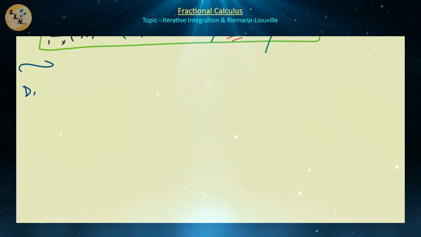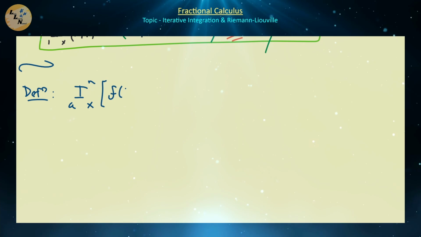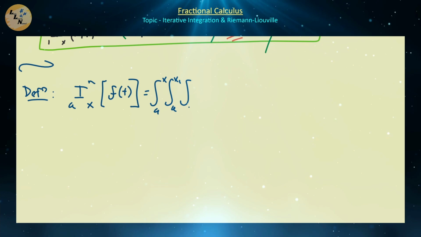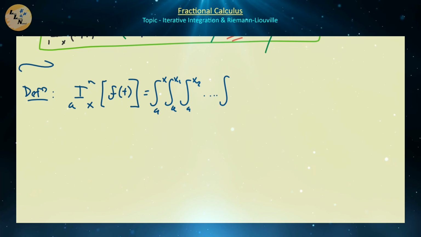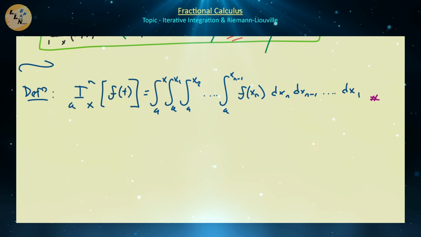So what we're going to do is define this operator, I with base point a, terminal point x, of n of f of t, to be equal to the integral from a to x, integral a to x1, integral a to x2, all the way down to a to x_{n-1} of f of x_n dx_n, dx_{n-1}, all the way out to dx_1. Right? So that's going to be our iterative integral operator.